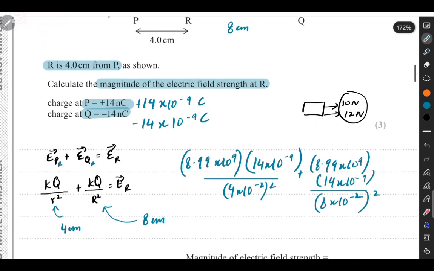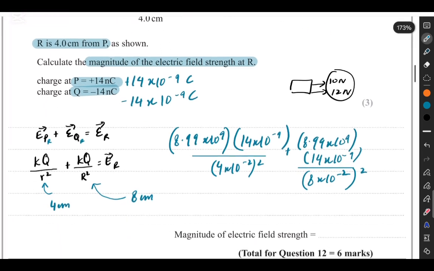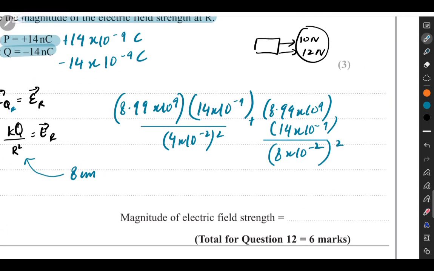Make sense? Now, after we add them up, we get an answer of 9.9 times 10 to the power of 4 Newton per Coulomb.